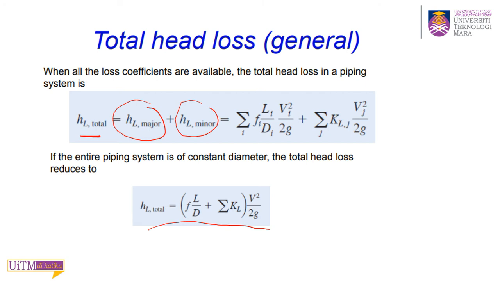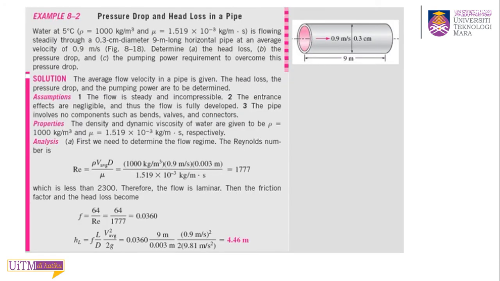Okay. Alright, so I show you one or two examples of how we can calculate these losses. This is one example. Water at 5 degrees with rho of 1000 kilogram per meter cube, the density, and the dynamic viscosity mu 1.519 times 10 to the power minus 3 is flowing steadily through a 0.3 centimeter diameter, 9 meter long pipe.